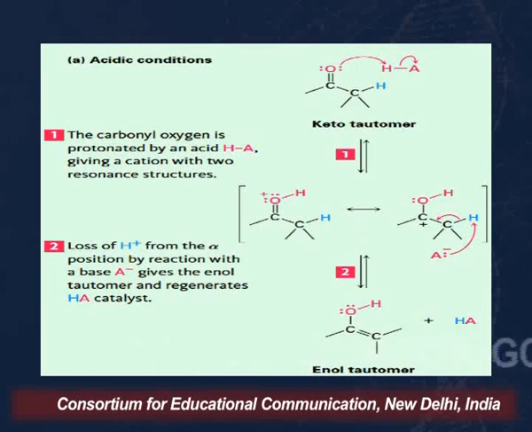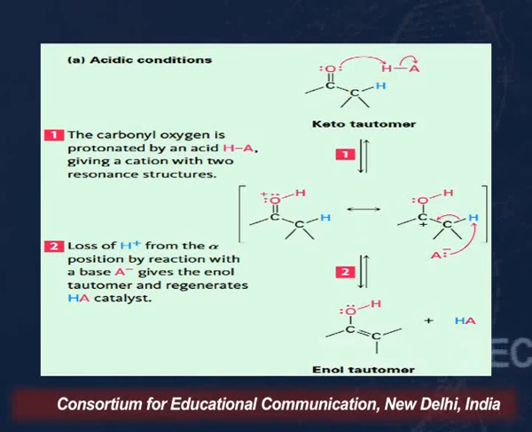So what happens in the second step? In the second step, a base picks up a proton from the alpha carbon. Why is it so? Because oxygen has a positive charge, it pulls the electrons towards itself.